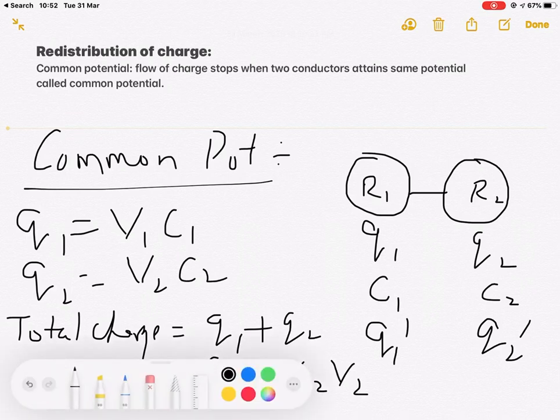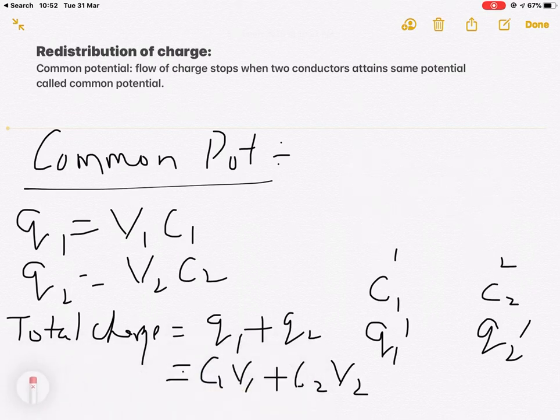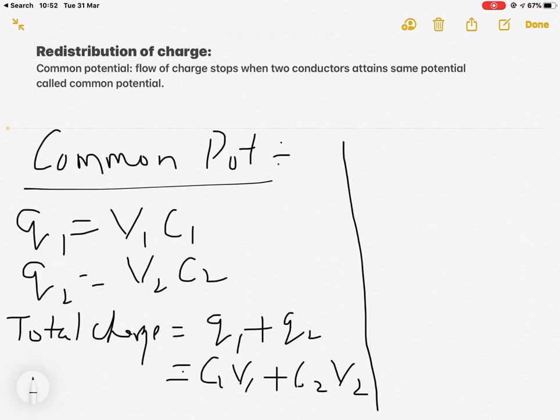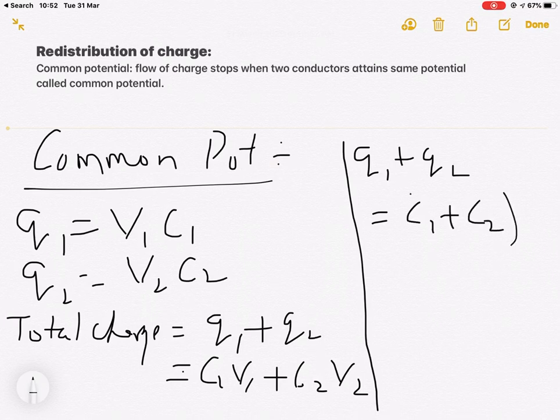So from here we can say that total charge is equal to C1 plus C2 into a common potential V. Because when we join these two conductors, they will attain a common potential.